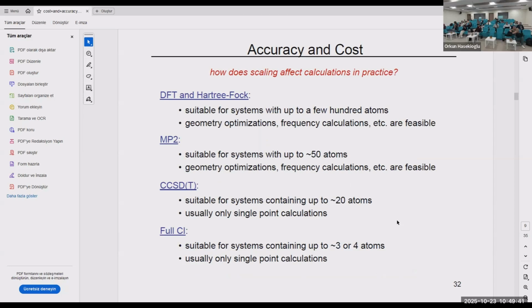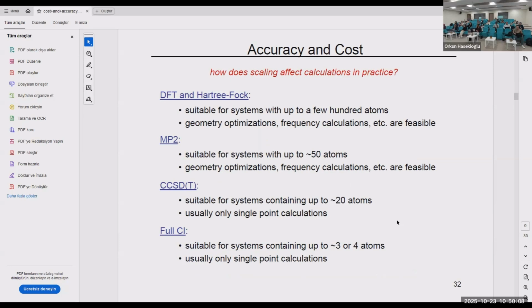So how does scaling affect calculations in practice? DFT and Hartree-Fock are suitable for systems with up to a few hundred atoms. They can be used in geometry optimization, frequency calculations, and MP2 is suitable for systems with up to 50 atoms. It can be used in geometry optimization, frequency calculations.